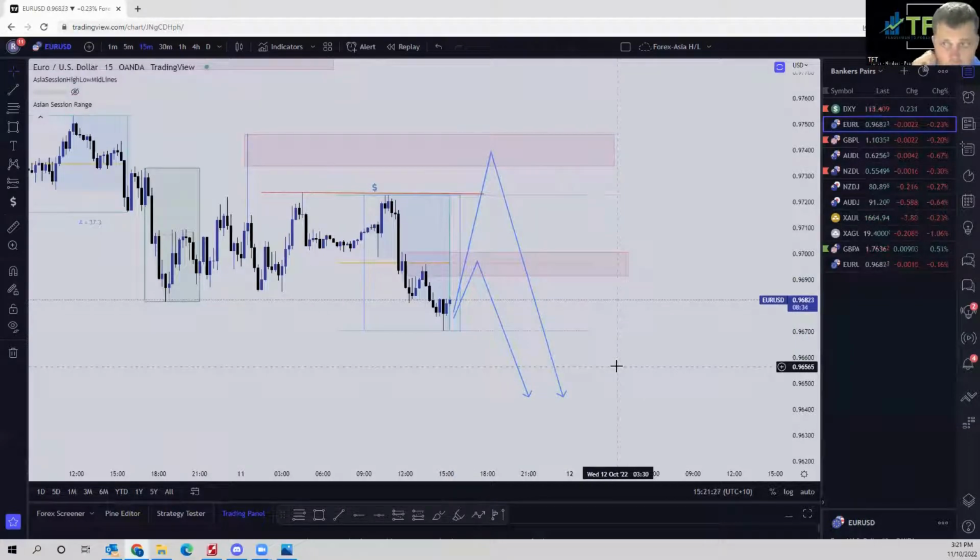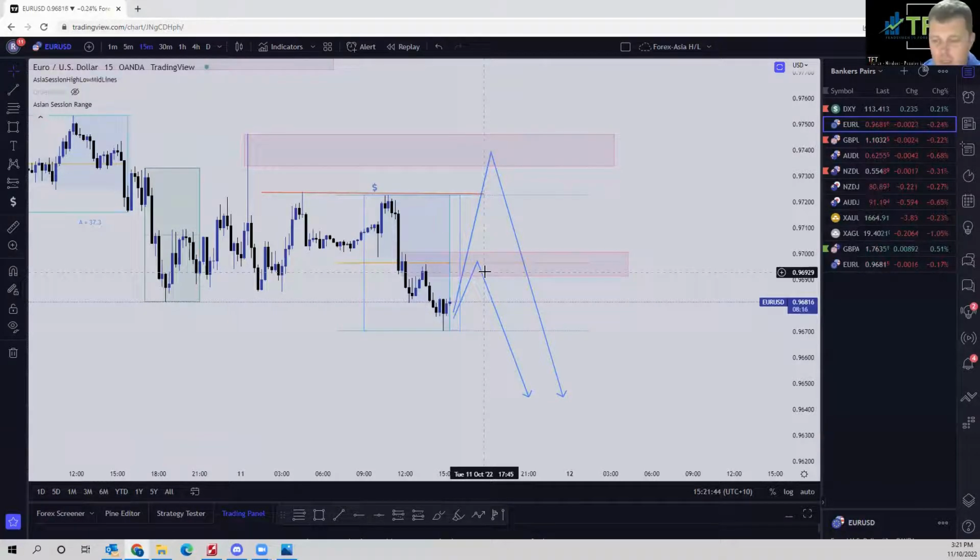Again, guys, don't just go trading these areas willy-nilly. Make sure you're following your own trading plan and you've got your own trend changes that you're looking for, like breaks of structure, engulfing candles, morning and evening stars, all that sort of stuff. Don't just go trading into these areas willy-nilly, otherwise you will get caught.